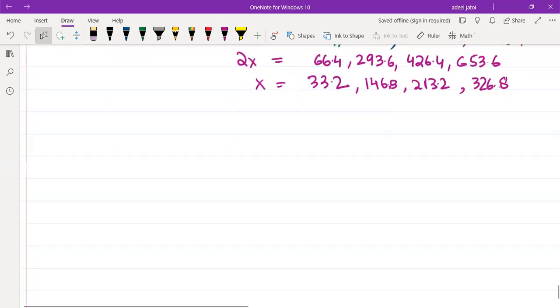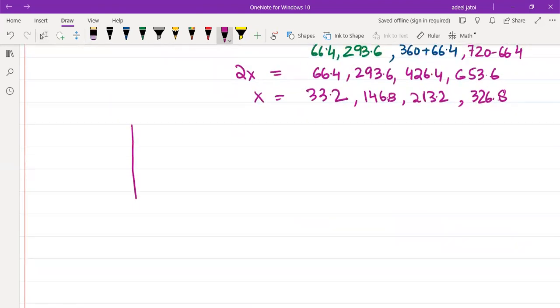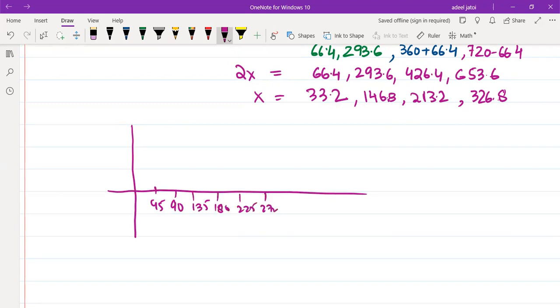That particularly means if I just draw a cos diagram, this would be 45, this would be 90, this would be 135, this would be 180, 225, 270, 315, and 360. My maximum value is 1 and the minimum value is -1.